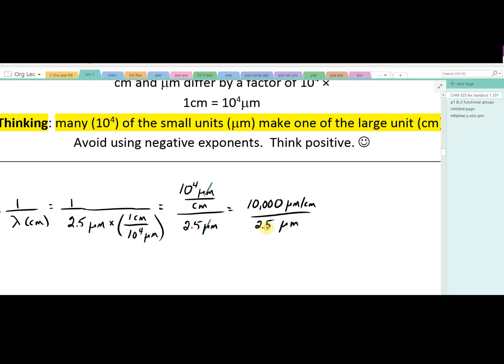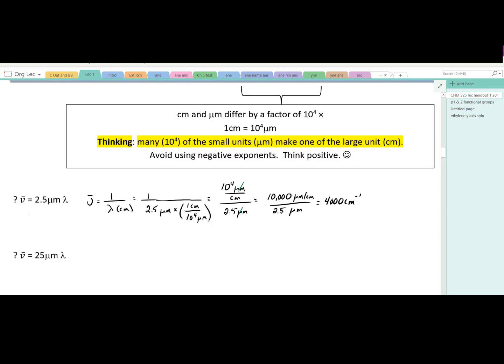So 2.5 goes into 10 4 times, into 100 40 times, into 1,000 400 times, and into 10,000 4,000 times. This is 4,000 centimeters to the minus 1, equivalent to 2.5 microns. Let's try it at the other end of the IR spectrum.